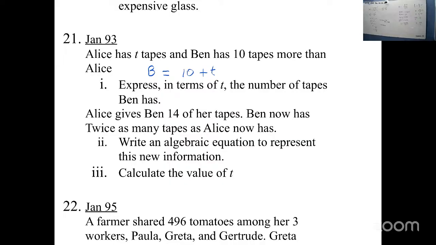Alice now gives Ben 14 of her tapes. Ben now has twice as many tapes as Alice now has.